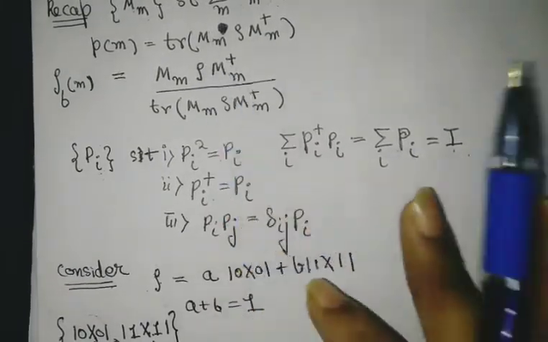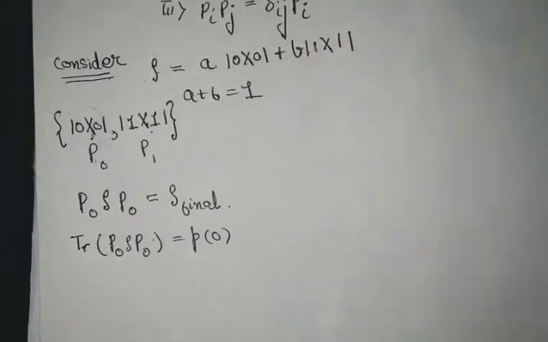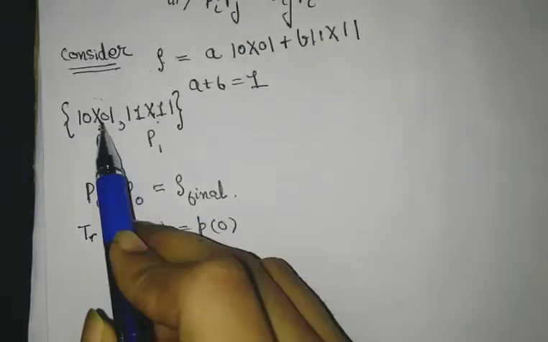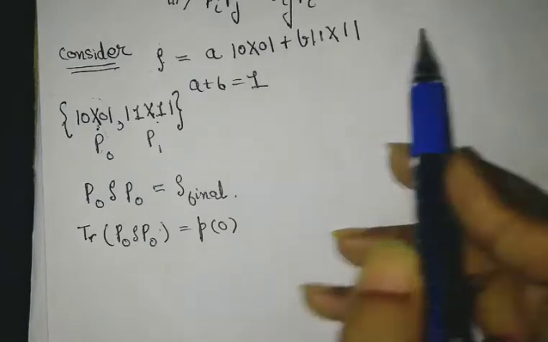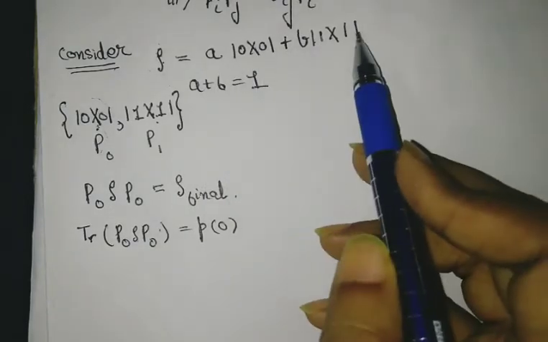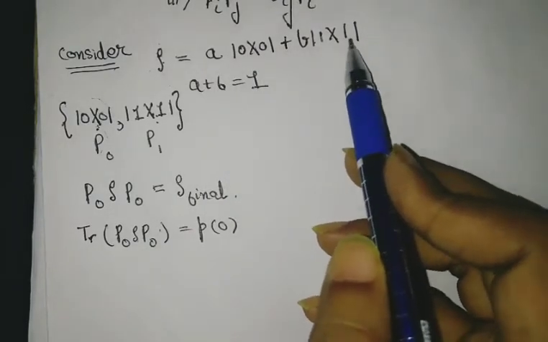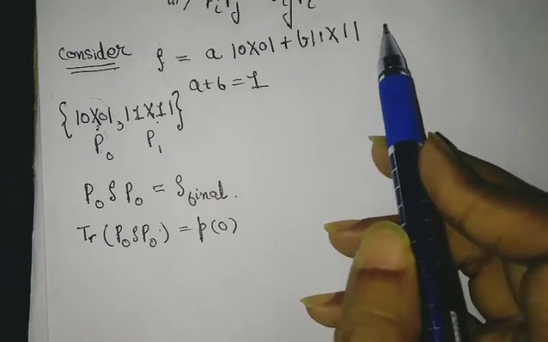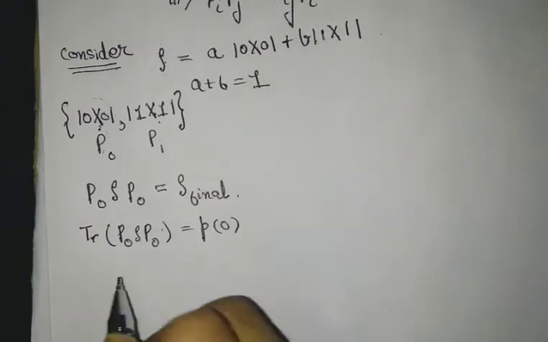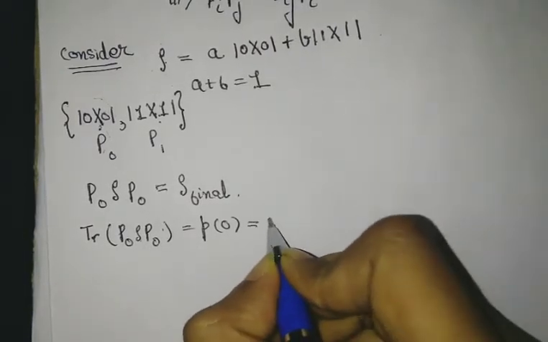You see clearly now, coming from this side and that side, 0 and 1 will give a Kronecker delta, and this term will go to 0. So this P0 is simply A.